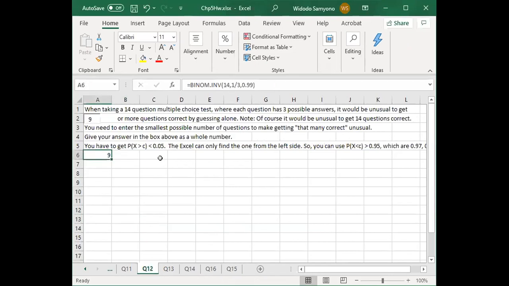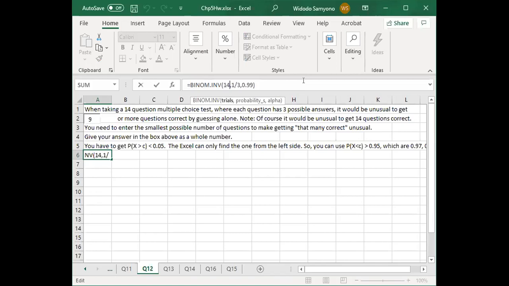Okay. So it's simply like change this. So it is like looking for the opposite. Okay. So you know the probability, and then you know the number. Now you need to look for what is the x. Okay.